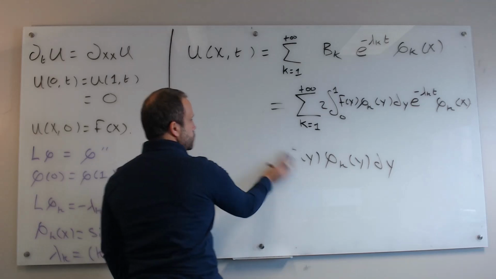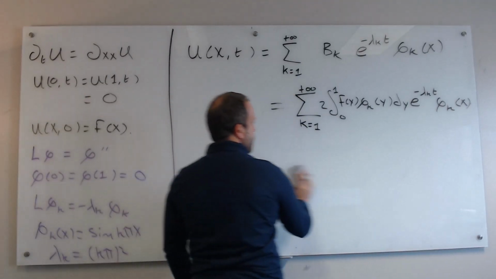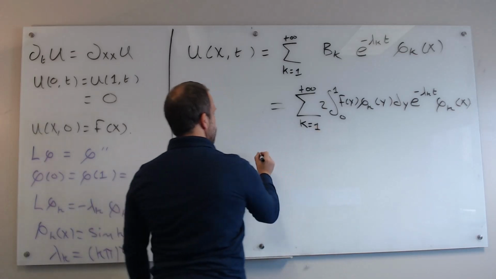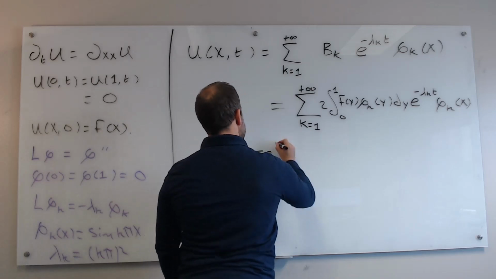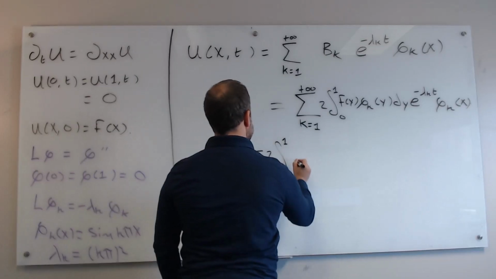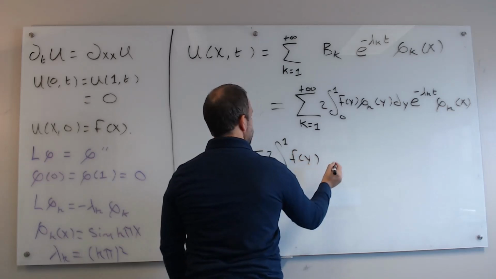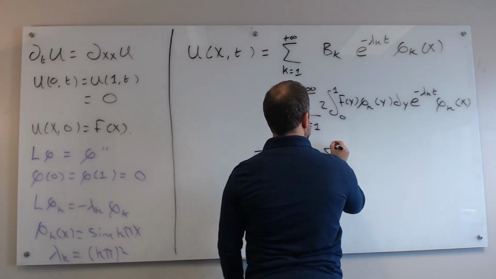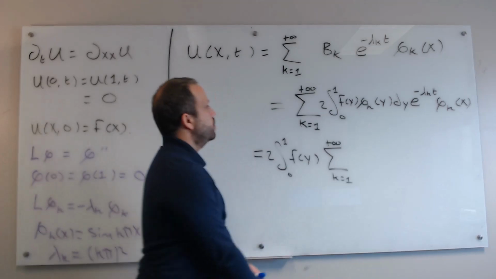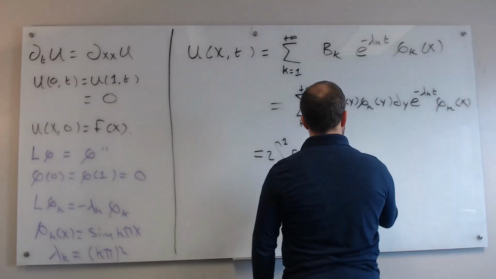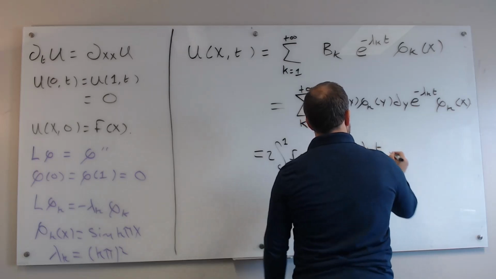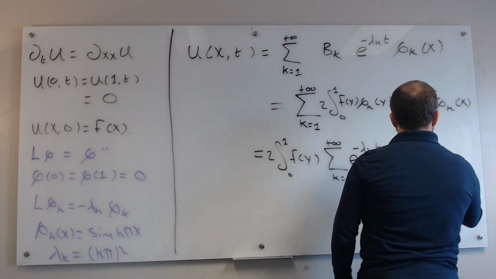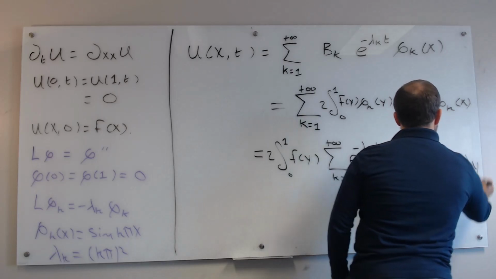And now what I'm going to do, without justifying this, but I can if I needed to, is interchange the order of summation and integration. What we're going to get is 2 times the integral from 0 to 1 of f of y times the sum from k equals 1 to infinity of e to the minus lambda k t, vk of y, vk of x, dy.